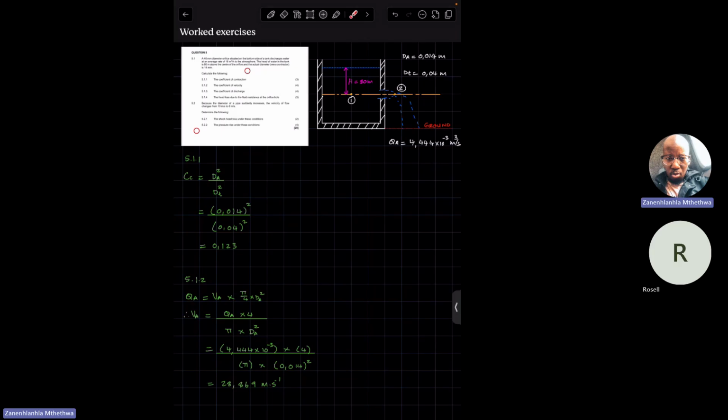The major head loss essentially is HF, the one where we either use Darcy or Chezy's formula to calculate. That one we refer to as the major head loss.